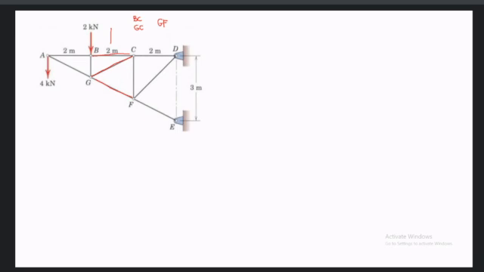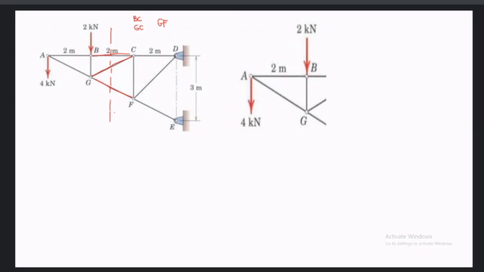So magpapasa ako ng section line dito. And then i-consider ko yung nasa left. Pag consider ko yung nasa left, kailangan ko bang hanapin yung reactions? Kailangan pa? Or hindi na? Hindi na sir kasi wala siyang hinge.